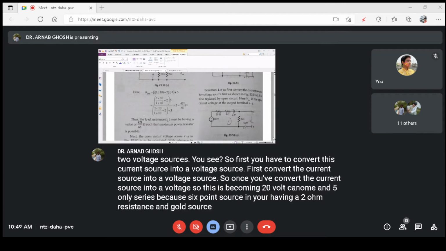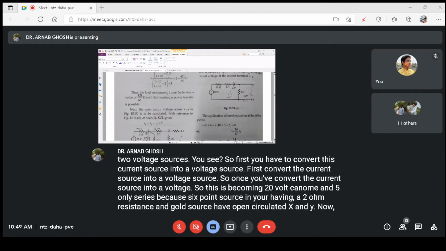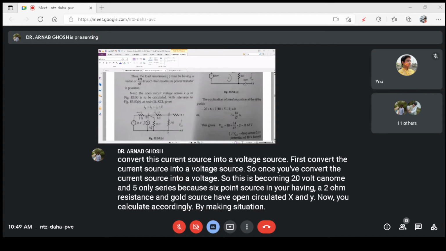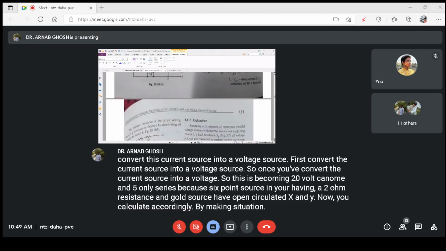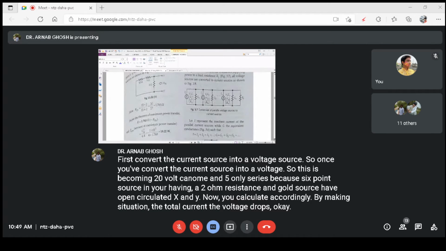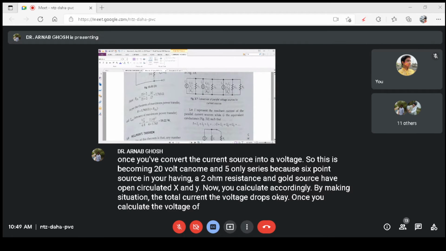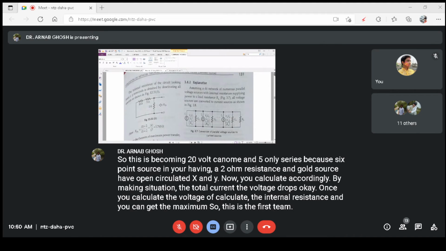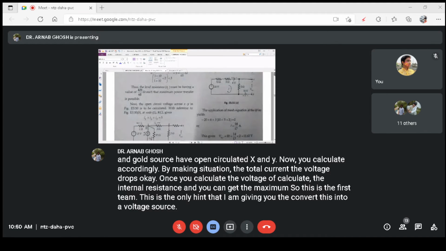You have open circuited X and Y. Now you calculate accordingly by mesh equation the total current. Once you calculate the voltage drop, calculate the internal resistance and you can get the maximum power. So this is the first hint. This is the only hint.